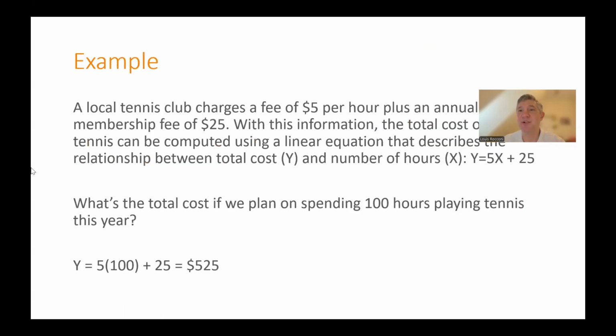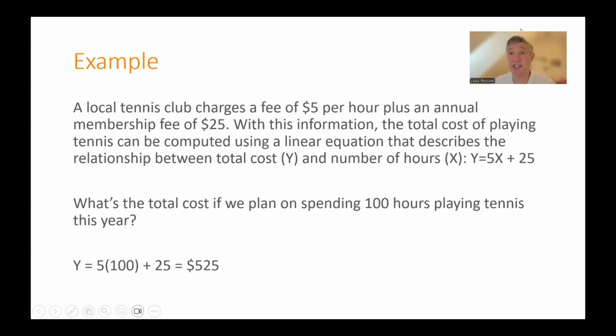So let's look at our example here. We're going to use regression for prediction purposes. We have a local tennis club that charges a fee of $5 per hour, plus an annual membership fee of $25. With this information, what's the total cost of playing tennis? Well, we can represent the total cost of playing tennis with a linear regression equation that describes the relationship between the total cost and the number of hours we played.